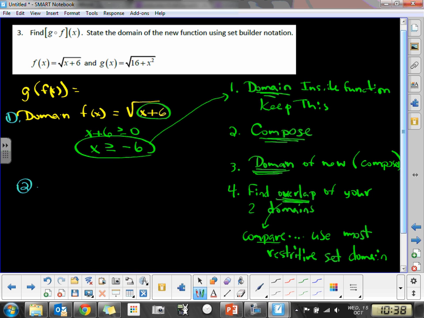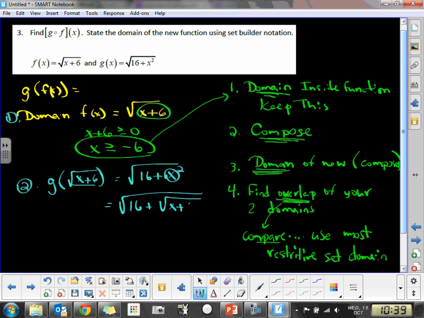Step number 2, I'm going to compose the function. So now I'm going to put the inside function f, which is the square root of x plus 6, into function g, which is defined to be the square root of 16 plus your input squared. So I'm taking out this x and replacing it with my input, the square root of x plus 6. So it's 16 plus the square root of x plus 6, squared.